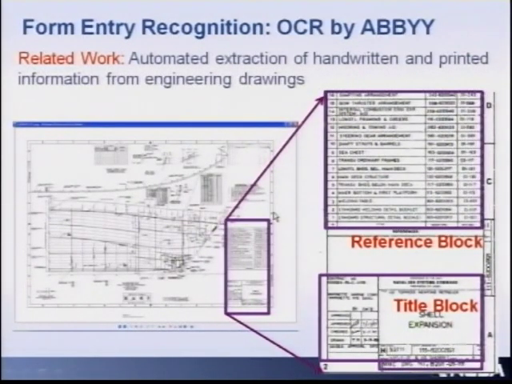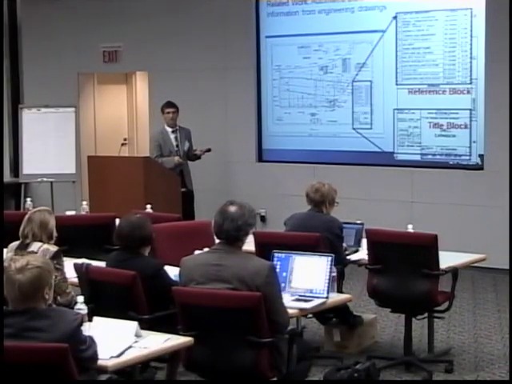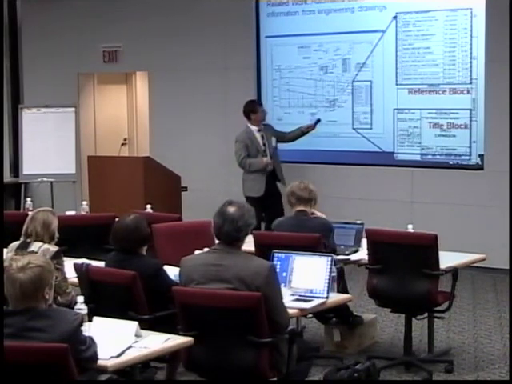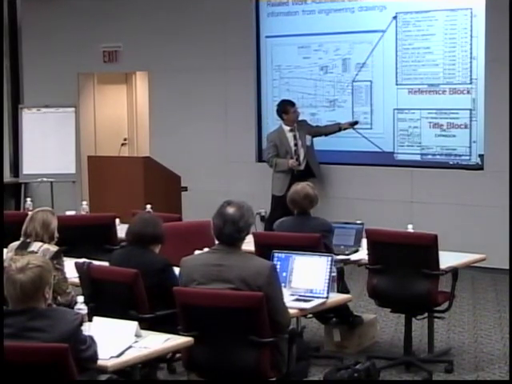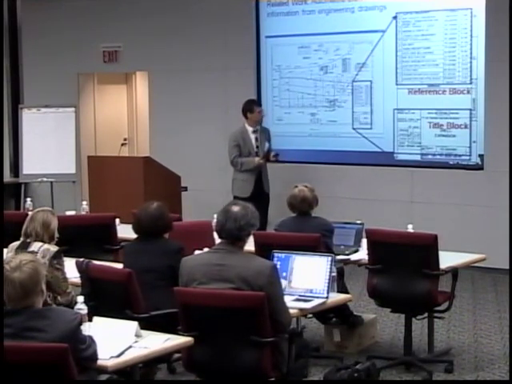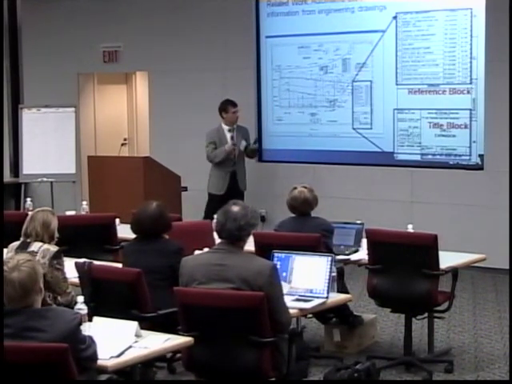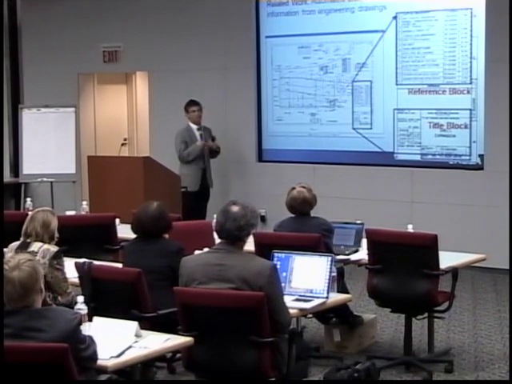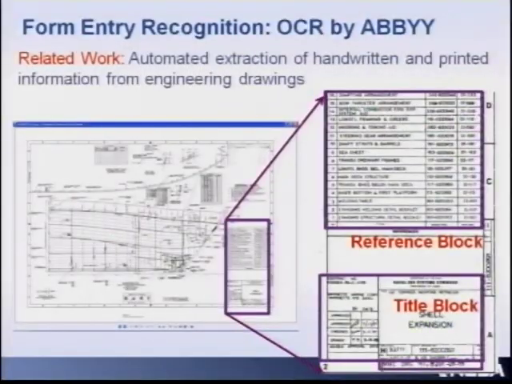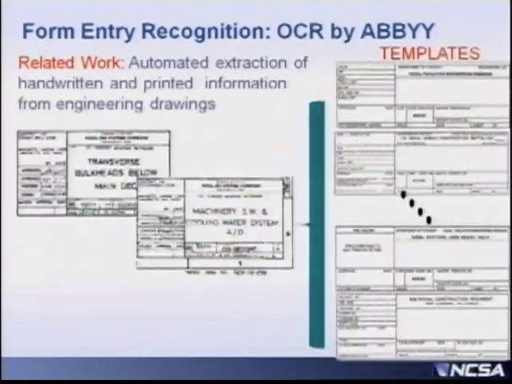Okay, we have also been involved in work funded by the National Archives to look at automated extraction of handwritten and printed information from engineering drawings. This is related to the previous speaker. Here you can see that you would like to take the title block and the reference block, apply some optical character recognition, and then extract all the information and build a database so you can search. Our task was actually to relate 3D CAD models, or those files, with the 2D engineering drawings.